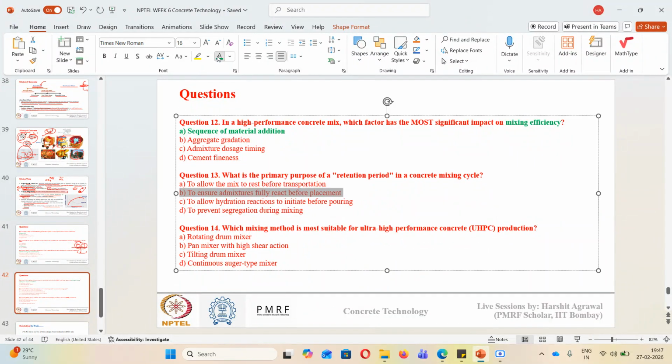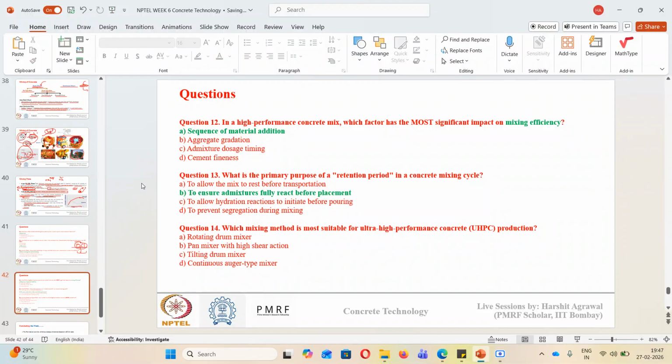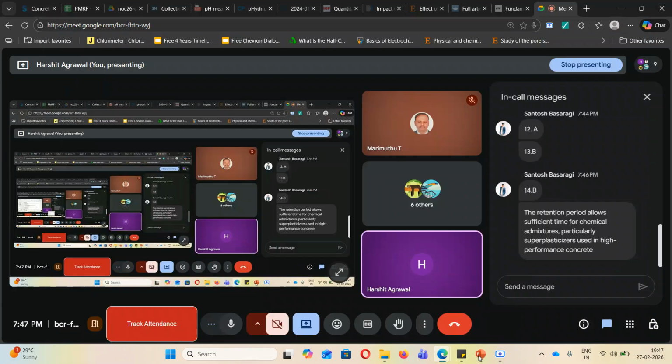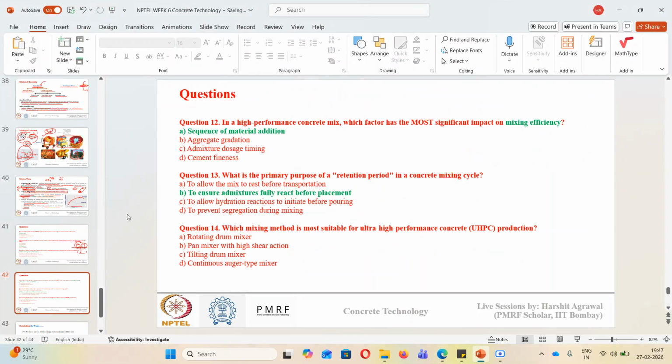The answer B is correct, but why do we need to have sufficient time for chemical admixtures? Okay, the reason is it allows the chemical admixtures, especially superplasticizers, to fully disperse and react with the cementitious particles before it is discharged.